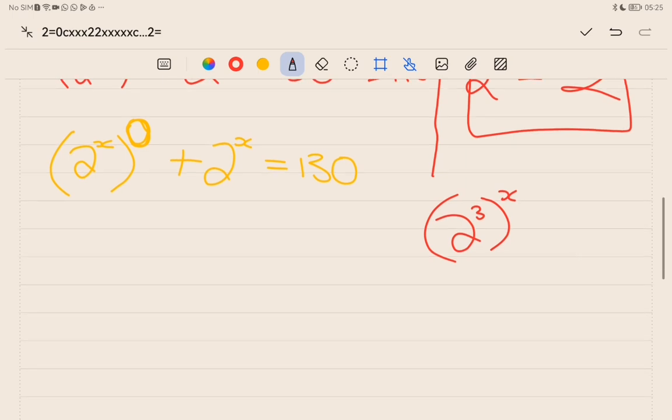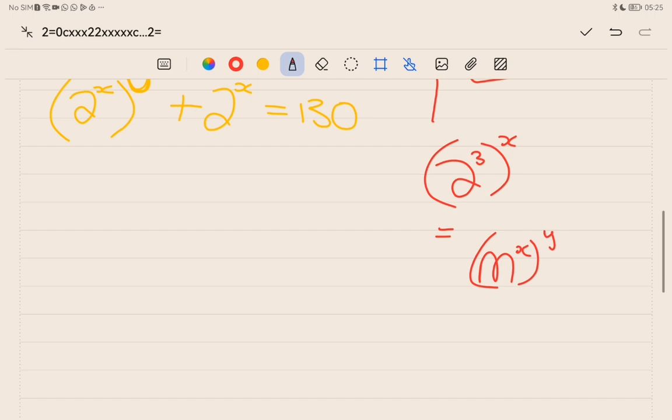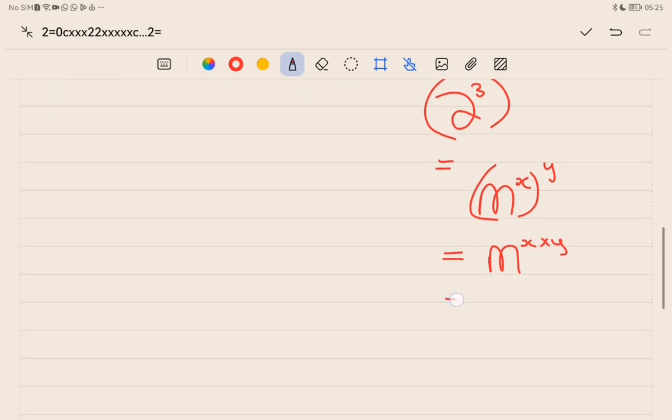What you need to know from laws of exponents is that if you have m to the exponent x, then the whole thing being to the exponent y, it is the same as m to the exponent x times y, and m to the exponent y times x, and m to the exponent y, the whole thing to the exponent x.